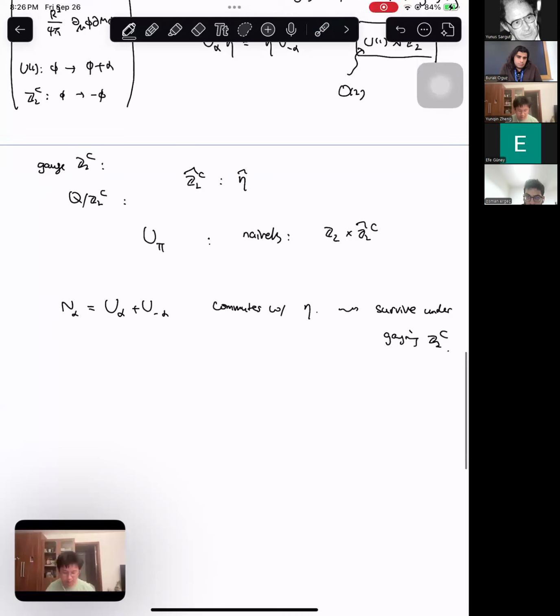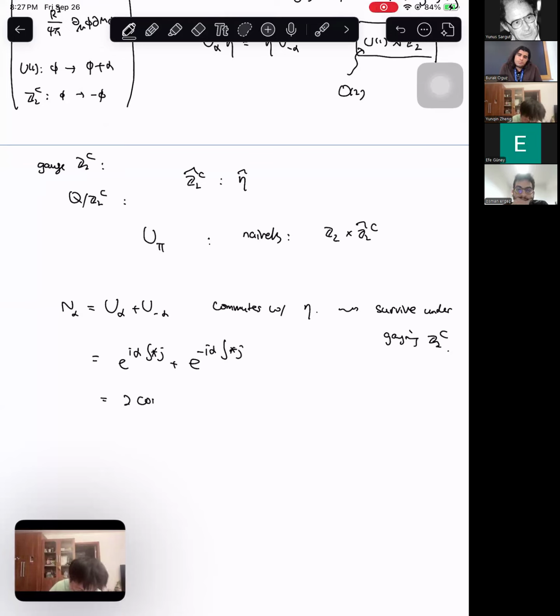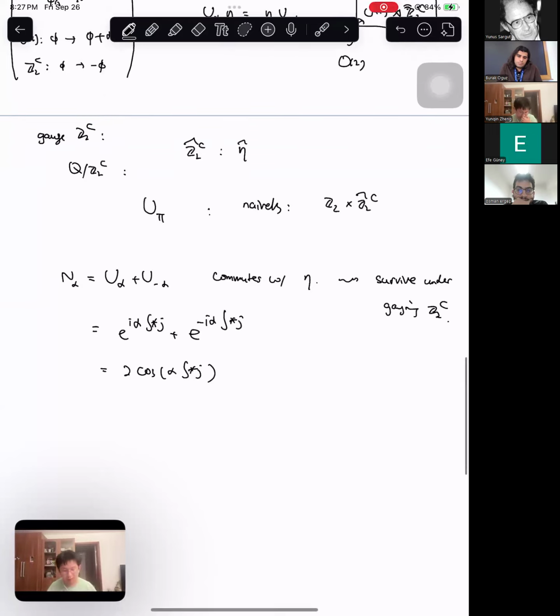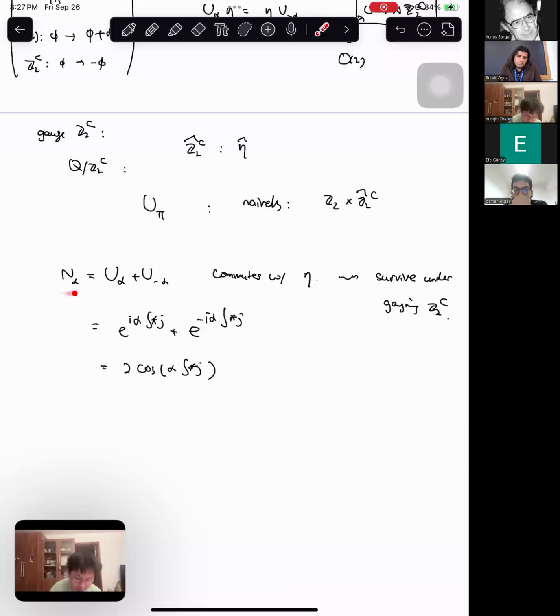And this is what people call the cosine symmetry. This is because U alpha equals U e to the i alpha integration of star j, plus U e to the minus i alpha integration of star j, which is just 2 times cosine alpha times integration of star j. Because N alpha takes the form of the cosine function, it's usually called a cosine symmetry.